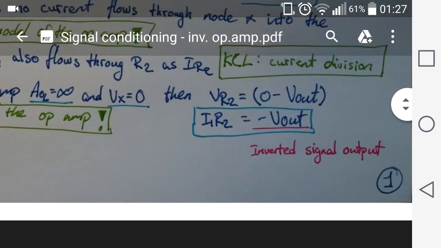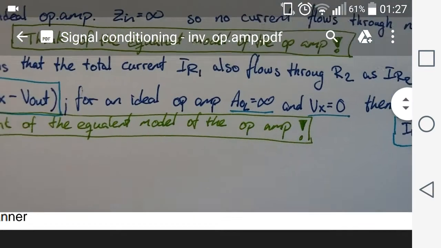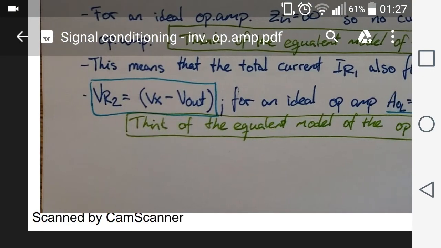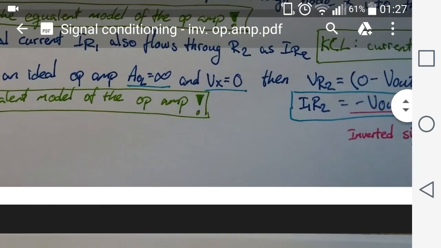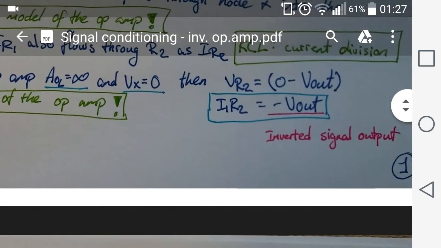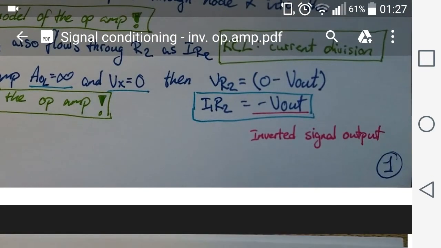Then the voltage drop over resistor R2 is equal to 0 minus V out, the output voltage. If you look at this original equation and remember that, you can then use Ohm's law and rewrite the equation where the current I1 times R2 equals the negative voltage on the output, because the signal on the output is inverted.